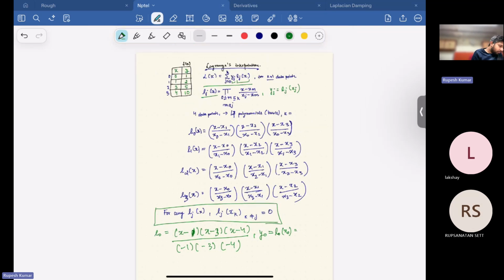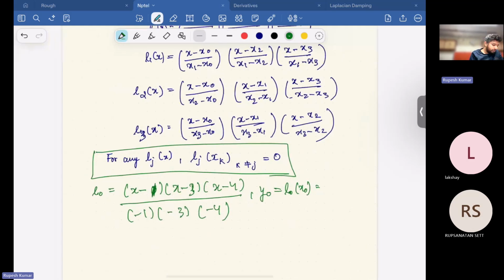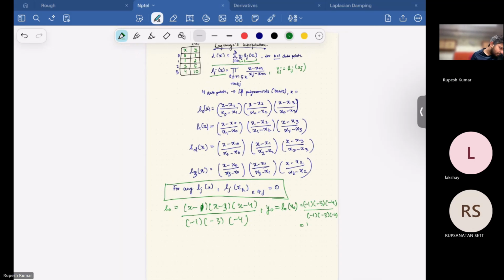So let's put x equals 0 in the polynomial on the LHS, and you will get the value. The y0 would be minus 1 into minus 3 into minus 4, divided by minus 1 into minus 3 into minus 4, which is 1, right? So the yj's are essentially ones.